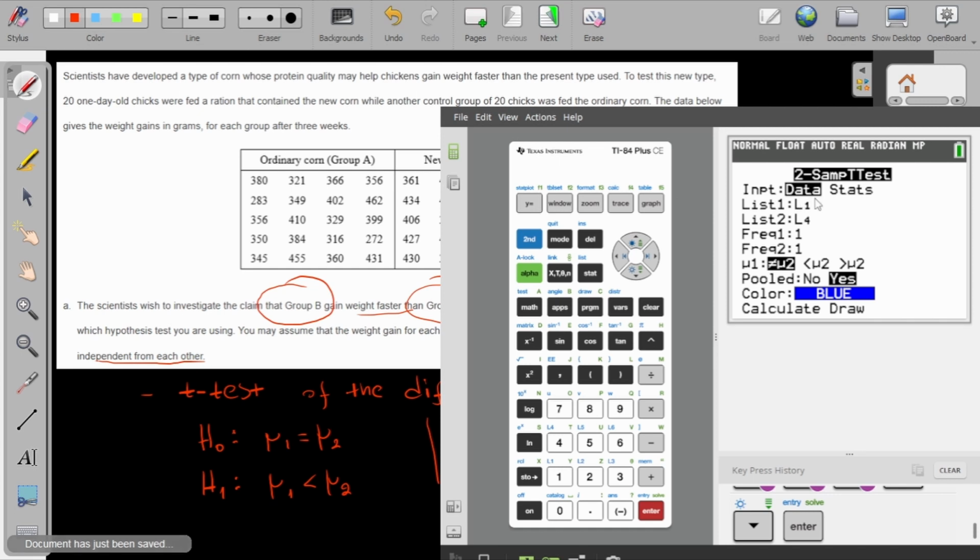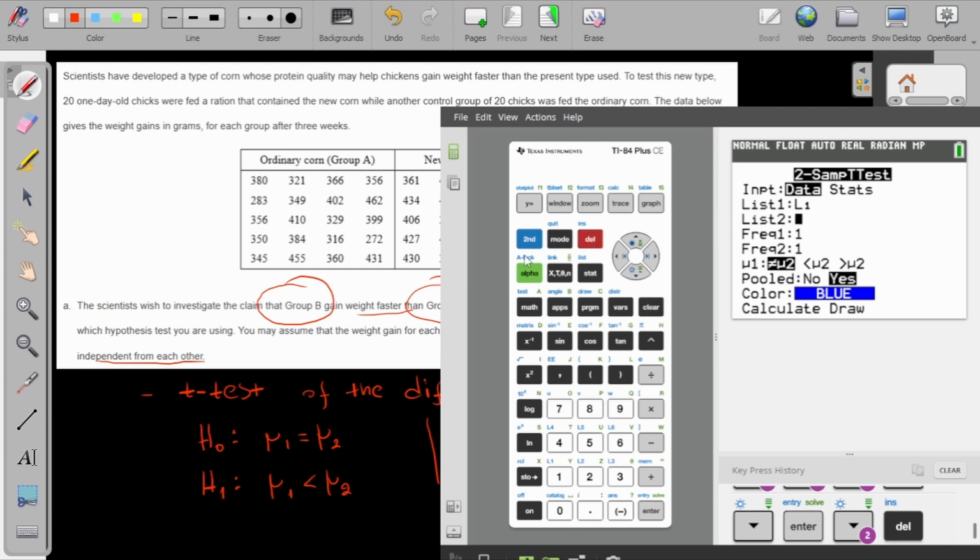Now I have data here, I don't have statistics. I have L1, my list of the ordinary group, and L2, the second list, with frequencies like that. Now for my mean, I want the second one to be bigger. Pooled, yes, in this case. Why? Because they tell me here that they have the same variance.